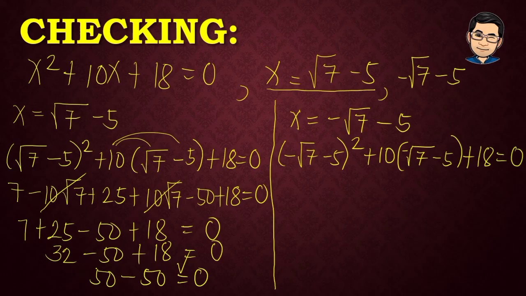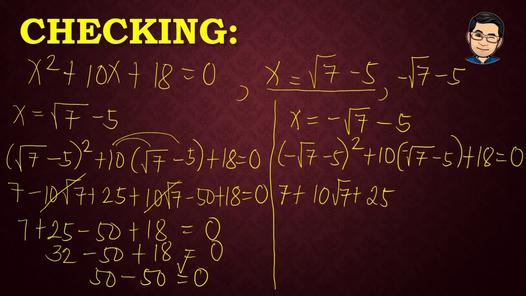For the second, the process is still the same. Square the first term, it becomes 7. Next, twice the product of the first and second term, it becomes positive 10 square root of 7. Square the last term, 25.